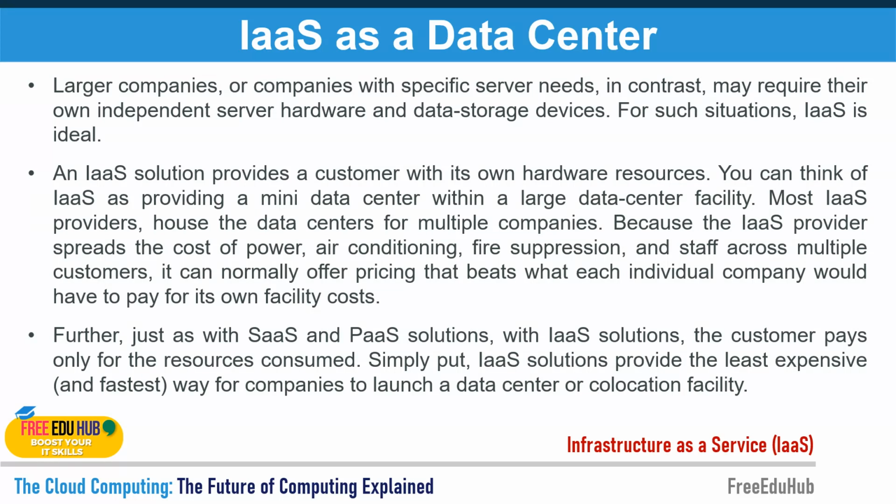Most infrastructure as a service providers house the data centers for multiple companies. Because the provider spreads the cost of the power, air conditioning, fire suppression, and the staff across multiple customers, it can normally offer pricing that beats what each individual company would have to pay for its own facility costs.